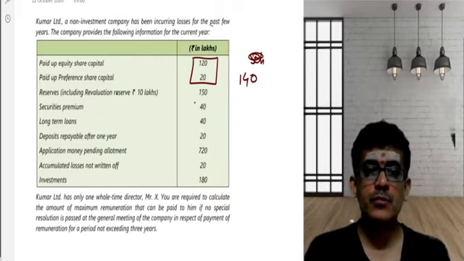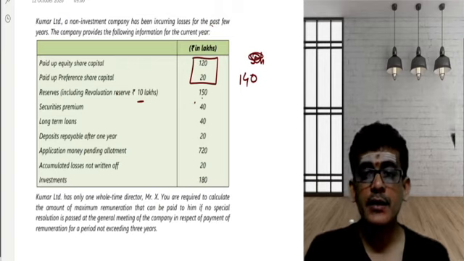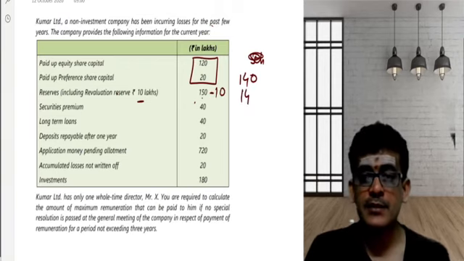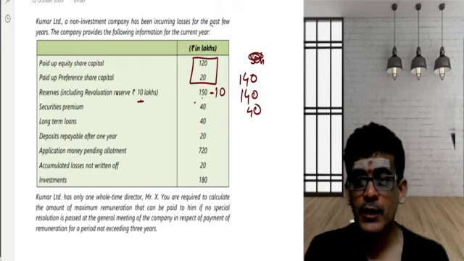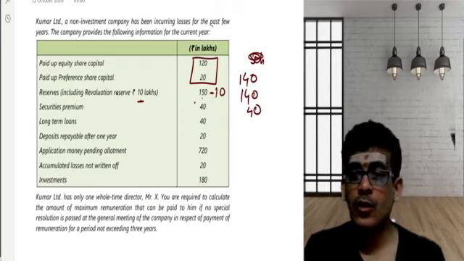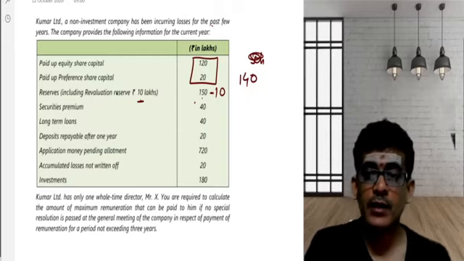You can take your reserves, but you should not consider your revaluation reserve. So I'll be minusing this 10 and I'll be considering this as 140, and I can consider my securities premium 40. So my aggregate capital is 140.